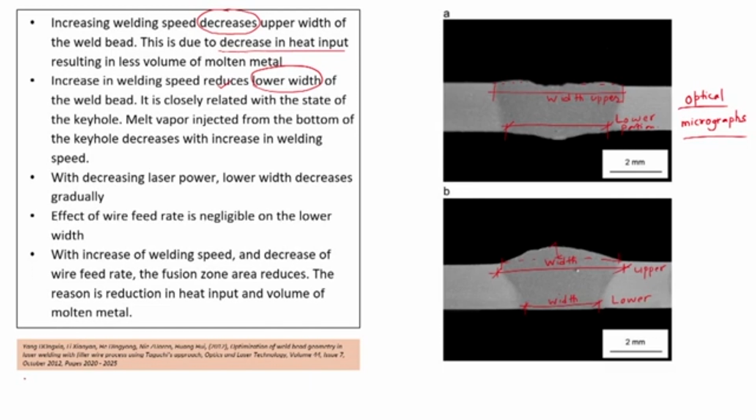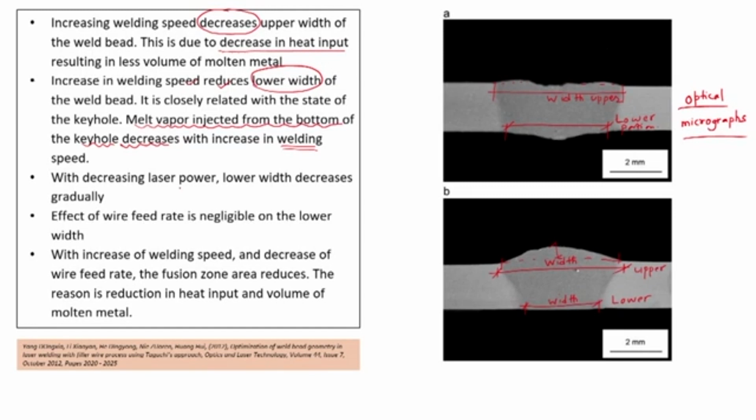When there is increase in welding speed, it has been noted that the melt vapor injected from the bottom of the keyhole is decreasing with the increase in weld speed. So, the amount of injected melt vapor at the bottom of the keyhole is getting reduced due to increase in welding speed.